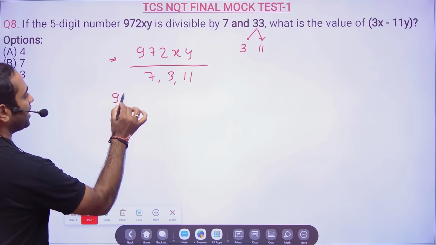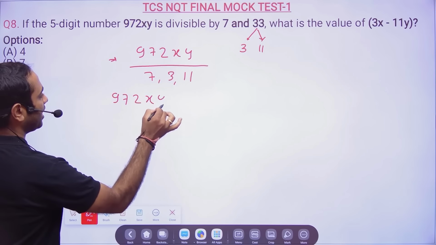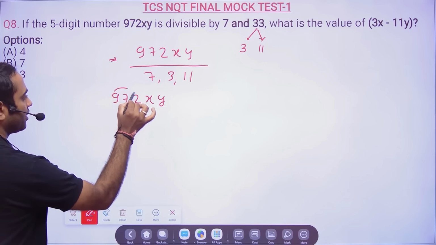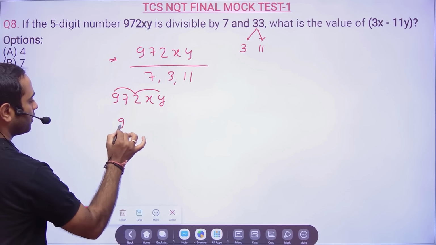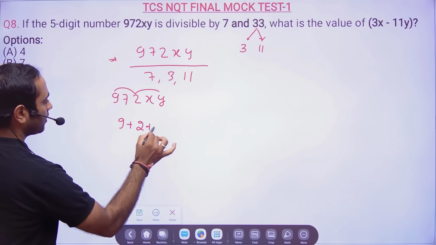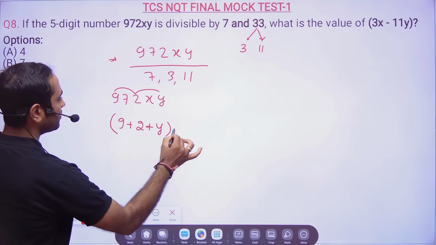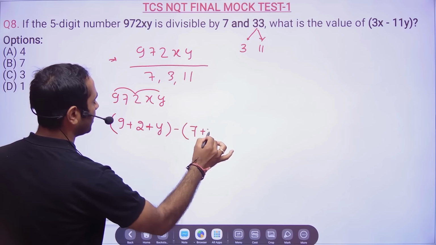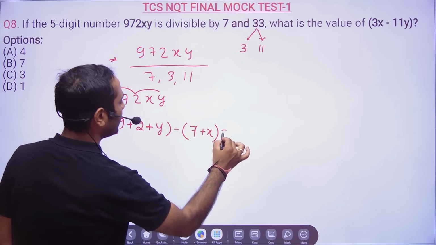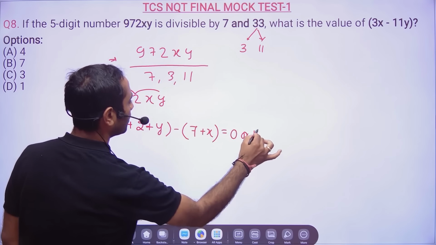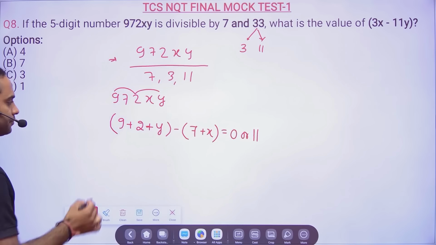Now if this number is divisible by 11, can I say the difference of the sums of alternate digits will be 0 or 11, correct?